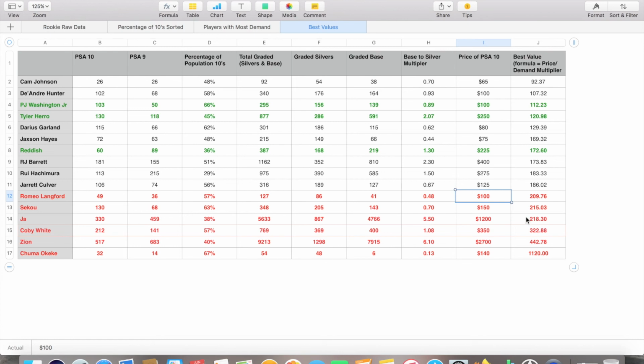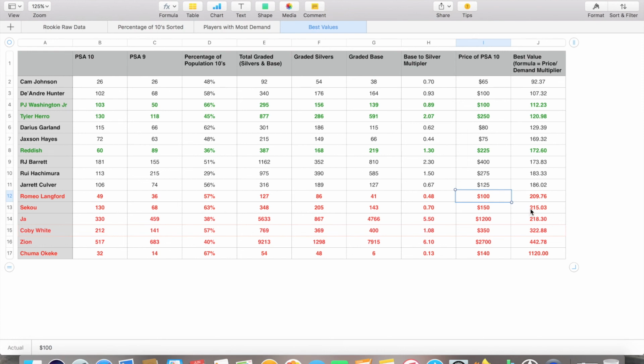So the next one is Sekou Doumbouya, $150 PSA 10, and compared to his demand, it's a very, very high price right now for Sekou. The next one is Ja and Zion. We saw that before, that even though they have a ton of demand, they also have a sky-high price.